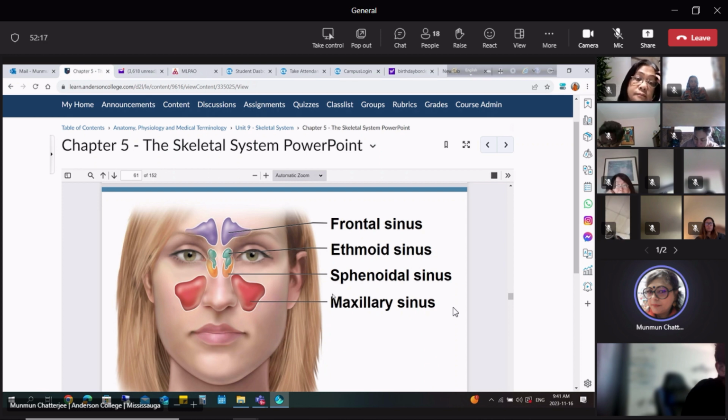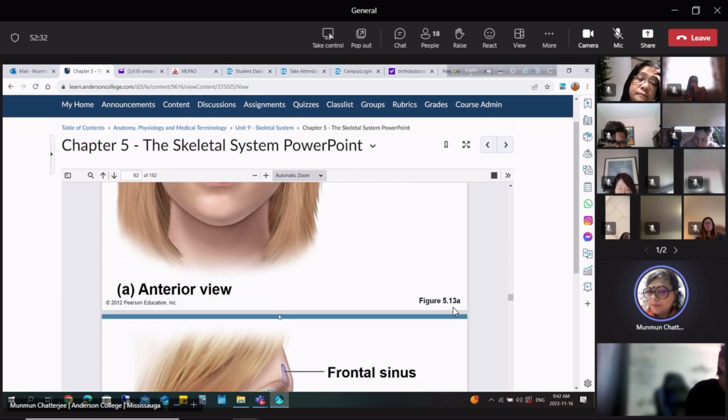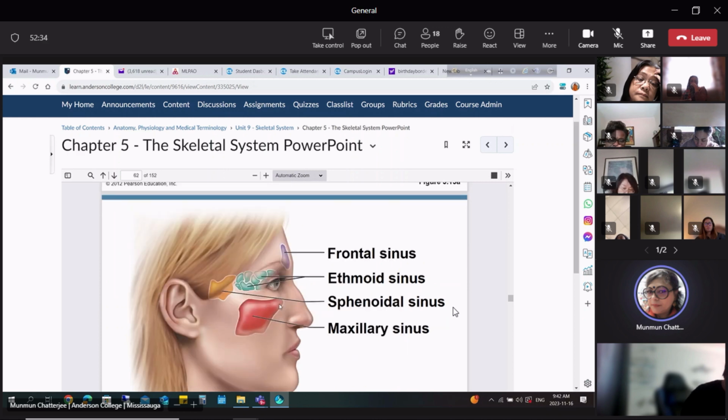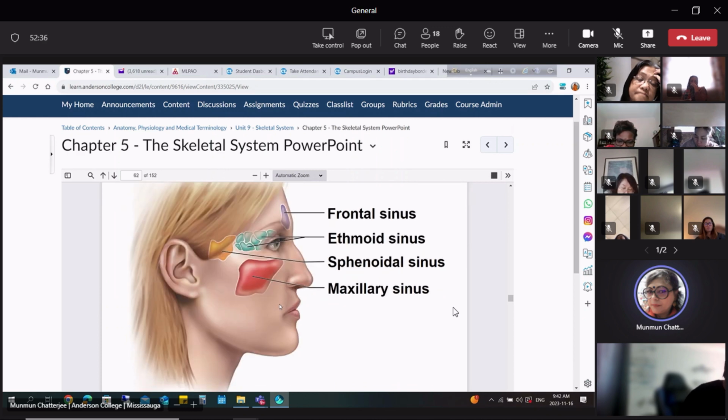Generally we have four sinuses in the front. Sometimes you have a very bad headache just above, near the eyebrow. Sometimes you have a lot of pressure pain near the eye side and obviously down. Sometimes allergy also causes inflammation. These are from the side view.